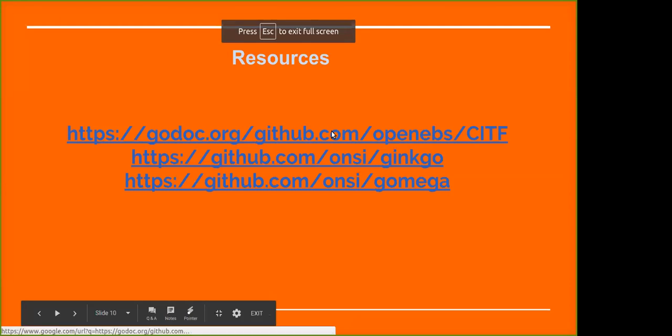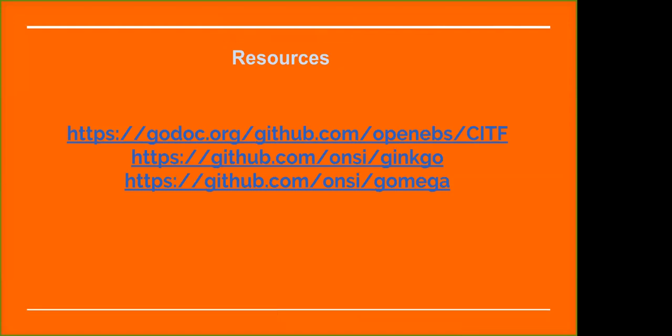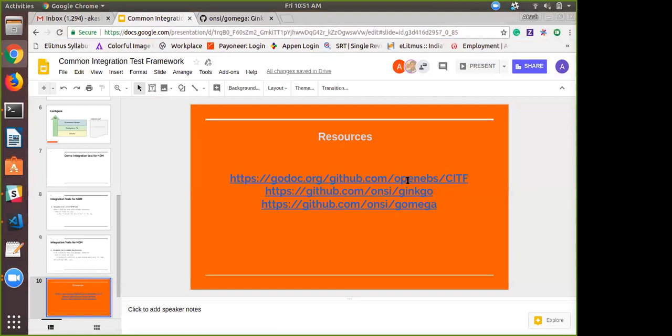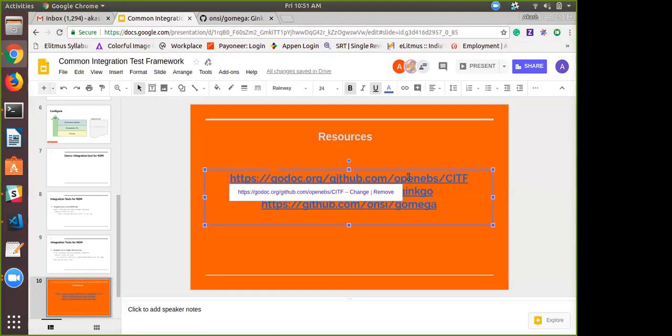For those who are writing the integration tests, these are the resources. We have the documentation for the CITF, which is nothing but a simple Go doc, and then we have the Ginkgo and Gomega BDD style libraries. One is a matcher library, one is a testing library.